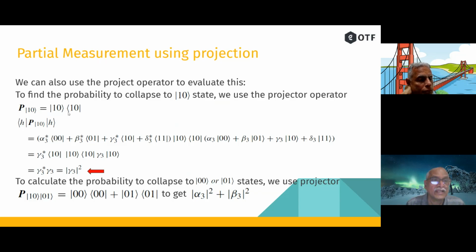So if I take this projection operator and work it out on the H space, I can now define this as follows. So it will be alpha 3, beta 3, gamma 3, delta 3, working on, let us say, 10. This is the so-called bra notation.